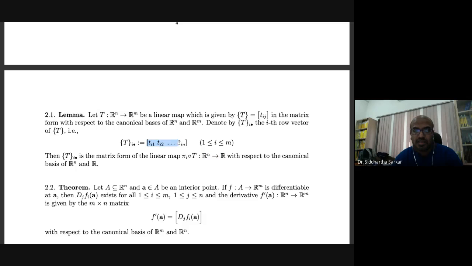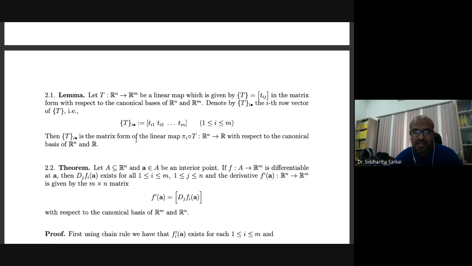So this is going to be the matrix form of the linear map pi i composed with T. So the rows of a linear map represented in a matrix form is nothing but the matrix representation of that linear map post composed with the corresponding projection maps. Okay, so this is going to be very useful for us.